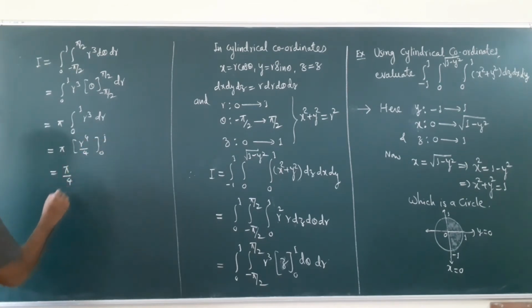So, pi by 4. Therefore, I is equal to pi by 4.